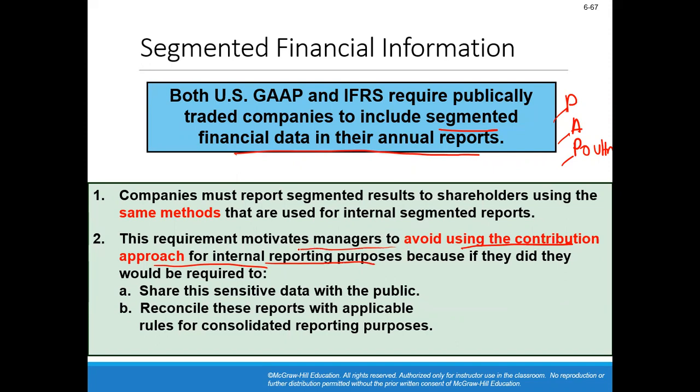They have a motivation. They have a requirement that they will provide the segmented results to the shareholders, but again, another requirement, try to understand, you have to use the same method. You cannot do this.